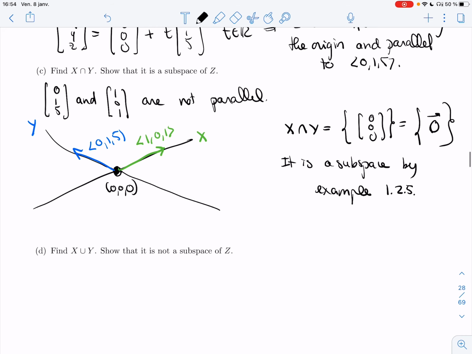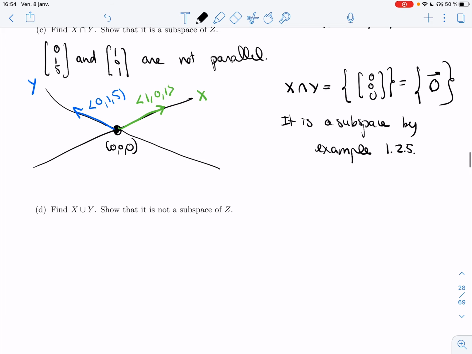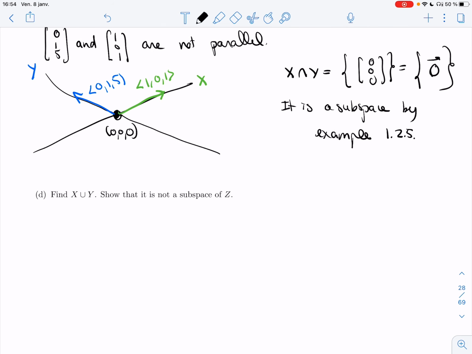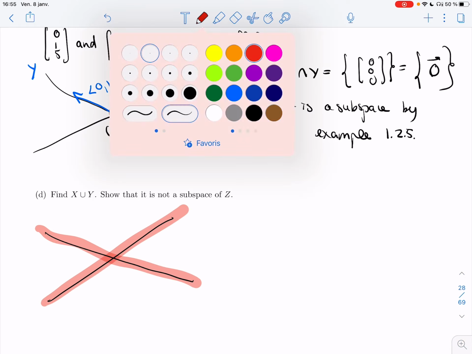All right, now we want to take the union and show that it isn't a subspace. So the intersection seems to work. We'll prove it does always. The union usually doesn't work. I want to prove that here. So the intersection was just this point, but if I take the union, I'm going to have to take all of the two lines, and so that's the union right here.